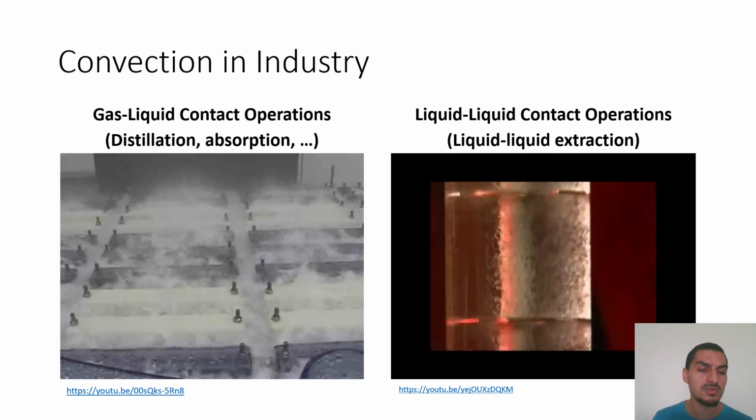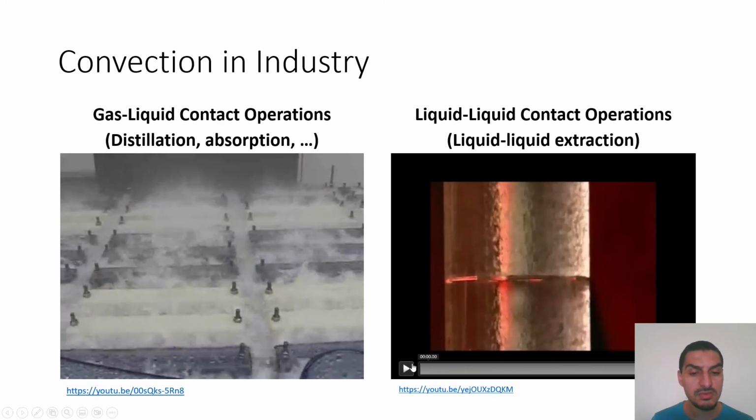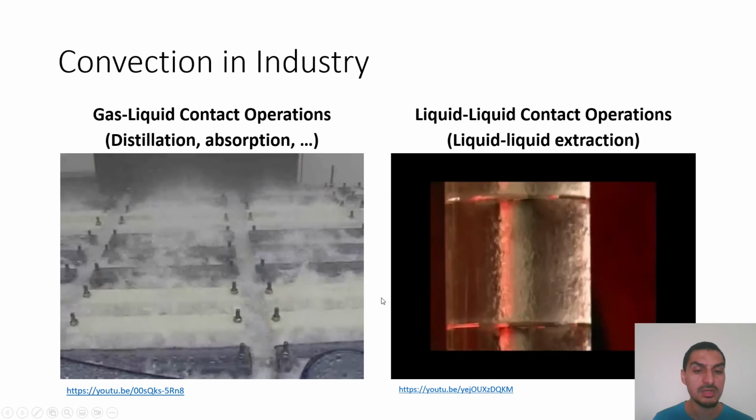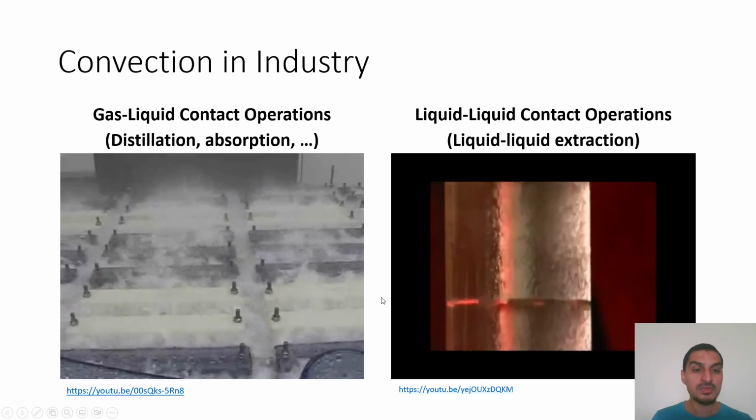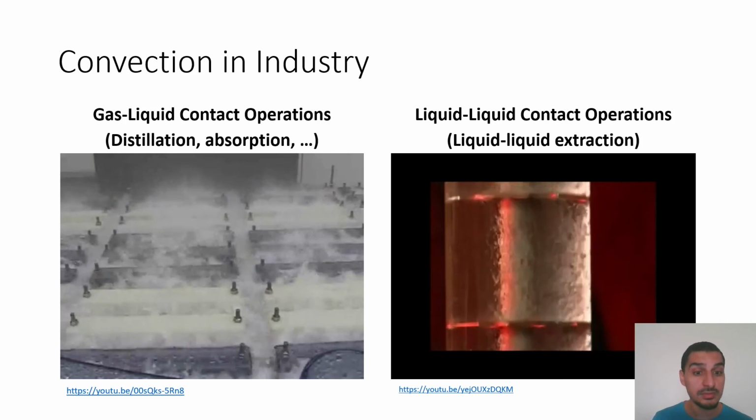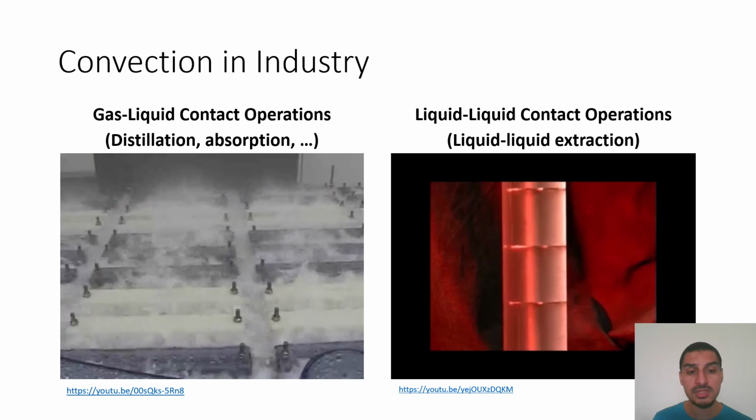But the point is to increase the turbulence and to increase the rate of mass transfer. And one design is what we see here, that we have trays which are movable. They move up and down to mix them well, to increase the turbulence, to make sure that everything is in motion, and consequently the rate of mass transfer is higher.